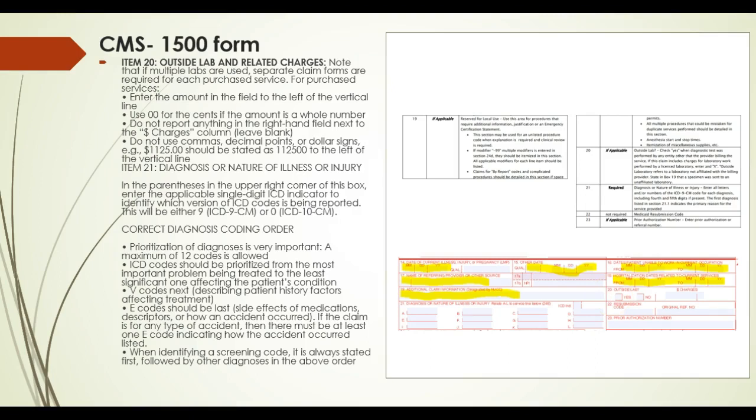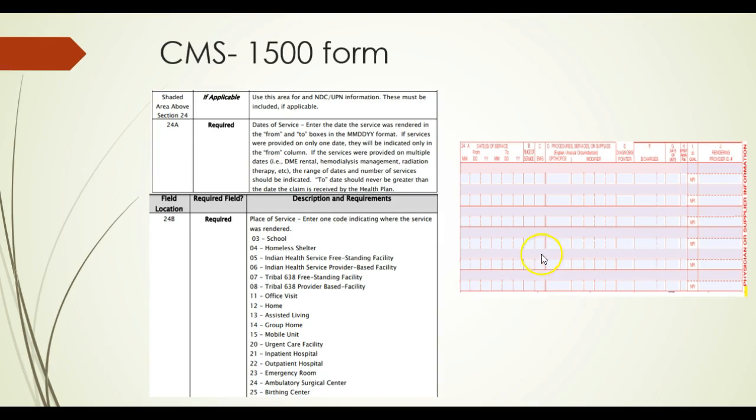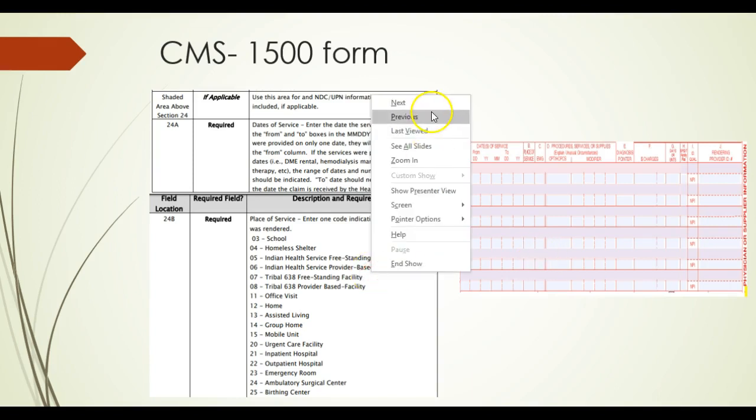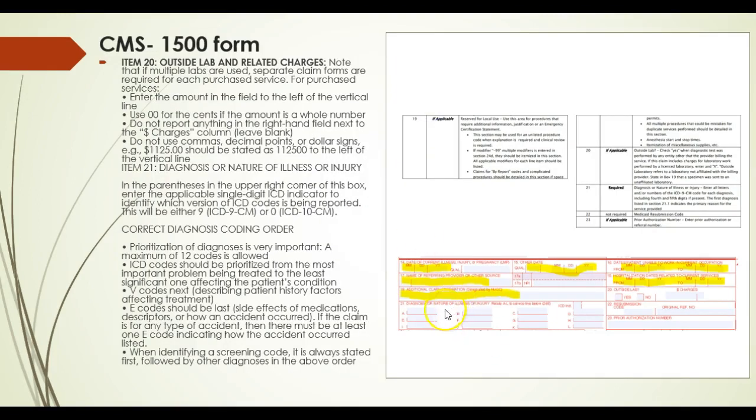So for item 21, that's a diagnosis or nature of illness or injury, which is this block here, item 21. This is where your ICD-10 codes would appear.